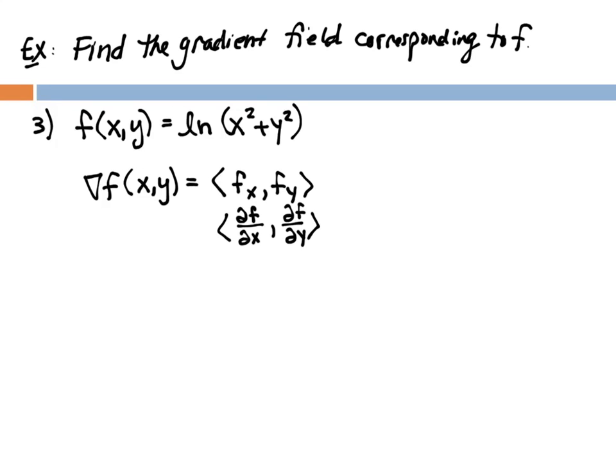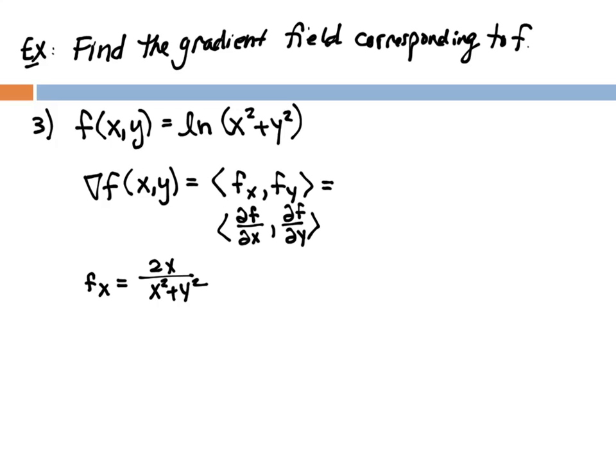All right, so looking up at the particular function that we're dealing with, what would f sub x be? Just for fun, we'll write it over here, and then we'll put it in. You can certainly put it in straight away. But what would f sub x be? 2x divided by x squared plus y squared. Okay, so the x squared plus y squared is in the denominator because of the natural log, right?